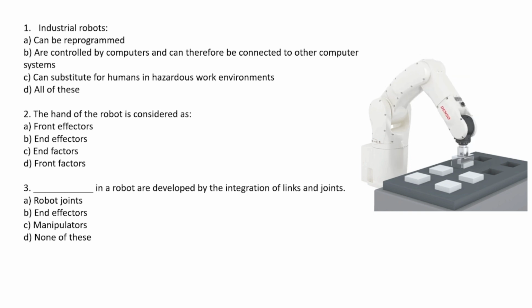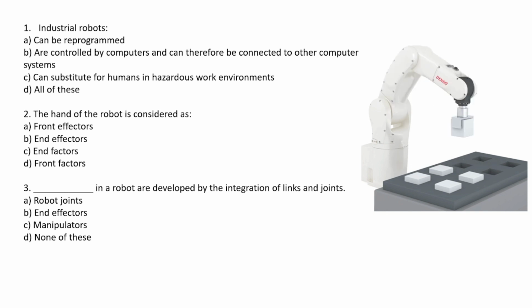Obviously it can be reprogrammed to perform different tasks, like operate at different speeds, and it can interact with different machines and equipment. This makes them an ideal solution for manufacturers who need to switch between different products and processes quickly and efficiently. So obviously it can be reprogrammed.